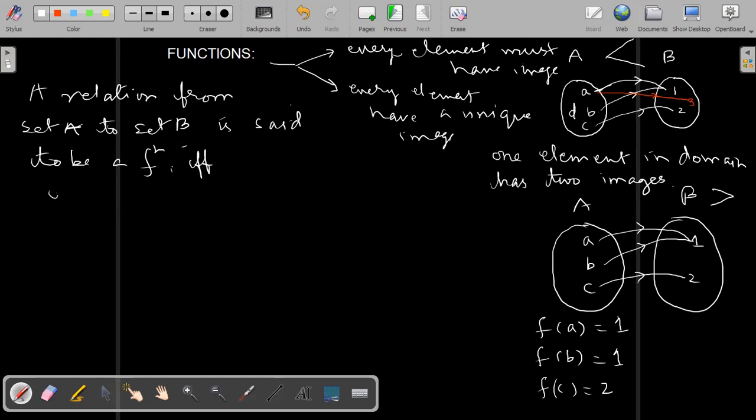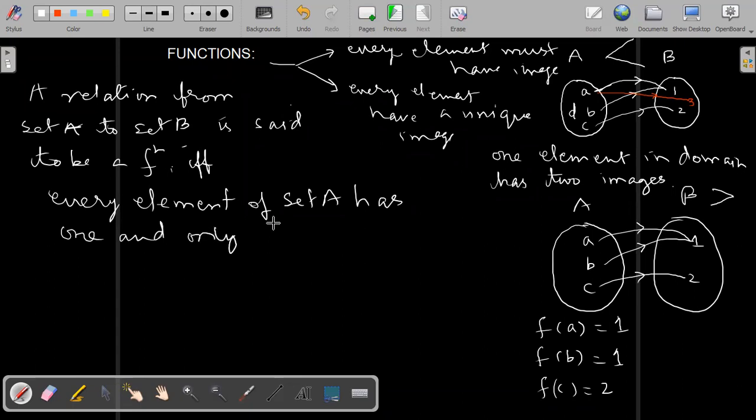every element of A, we can write in many ways. We can write it in two sentences. If we say every element of set A, it means every element of set A must have the image, has one and only one image in B. You can see that this has only one image, that is 1.